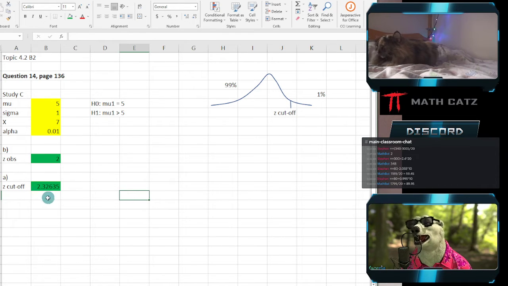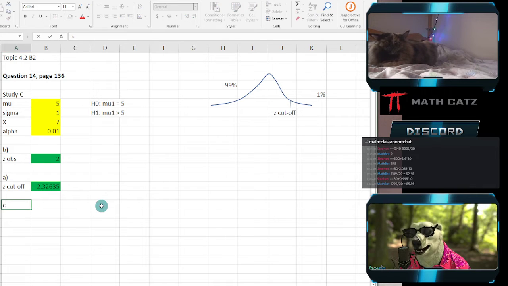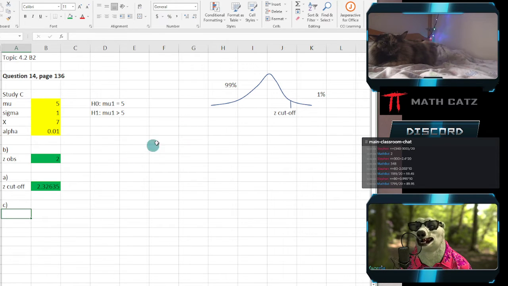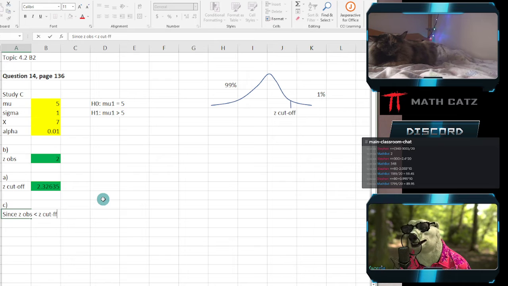All right, so there we have our cutoff, and then we can make our decision. We can still write a little bit, and we see now that our observed score of 2 is to the left of the cutoff line. So we can say here, since z observed is less than z cutoff, we do not reject H0.